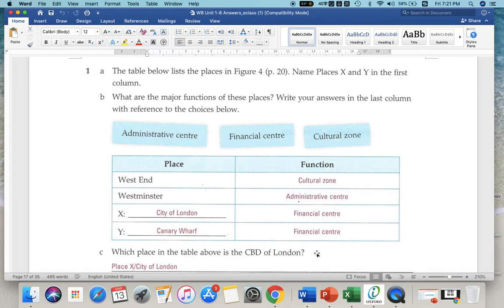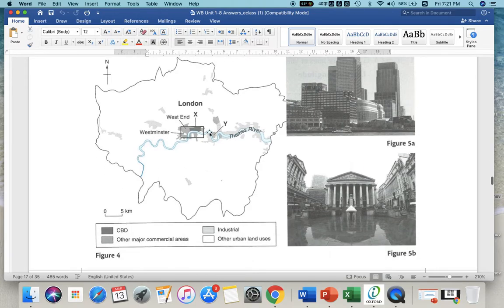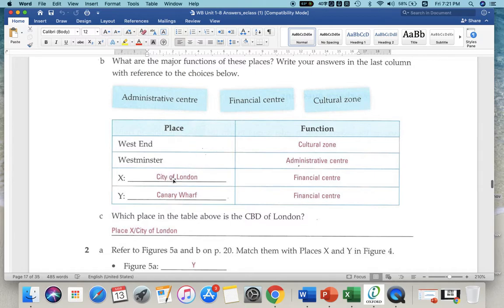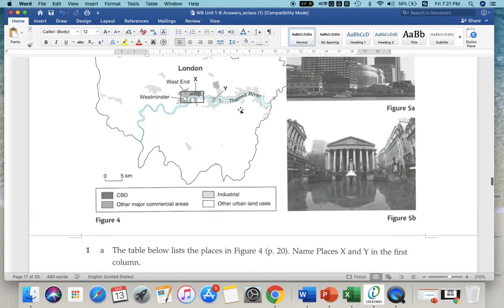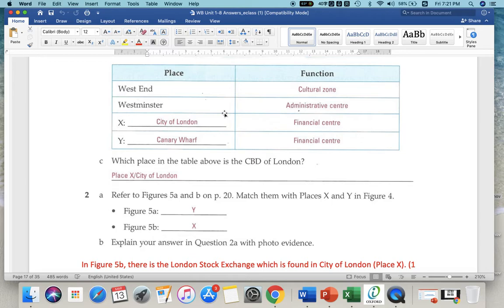So let's check the answer. First, the place West End. West End is a cultural zone, and Westminster is the administrative center. And X, let's see. X here and Y here. X is the City of London, which is the financial center, and Y is the Canary Wharf, which is also the financial center.